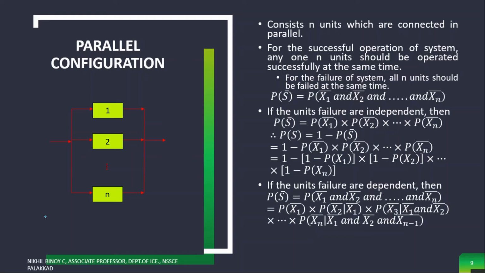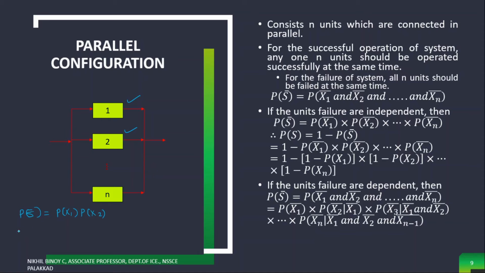Okay, so please note, if you have only two units in this system, for example 1 and 2, then if these two units are independent, we can write P of S bar is equal to P of x1 into P of x2 if it is independent.